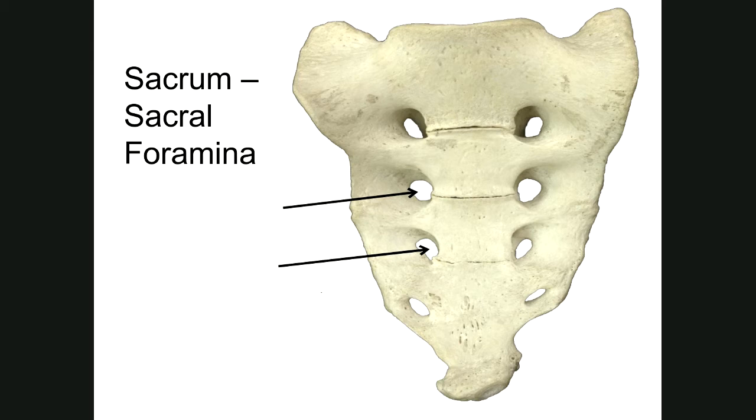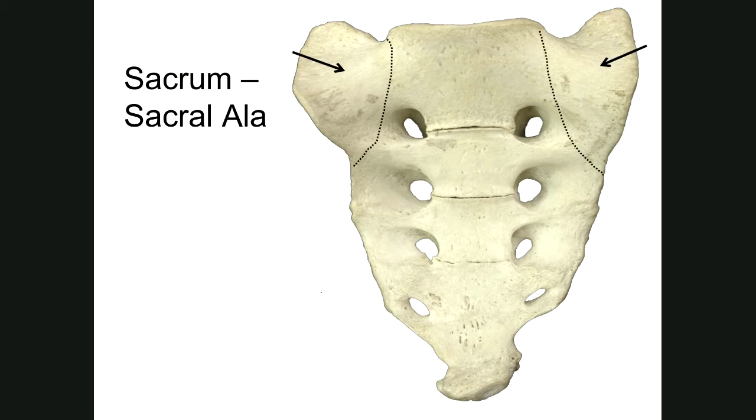Is it foramina, multiple? Yeah. If you were to label it foramen and had 2 arrows there, I would not take off for the grammar. What was that last one? Yep, sacral ala.